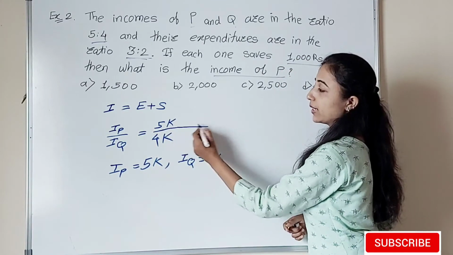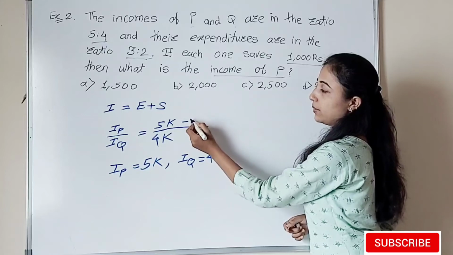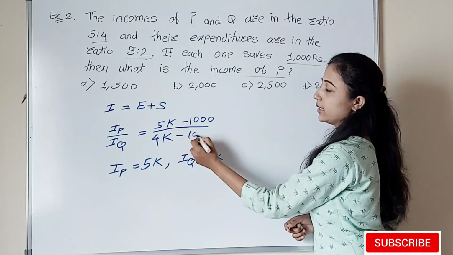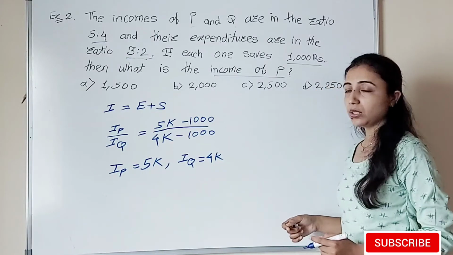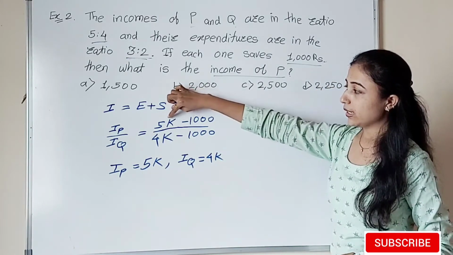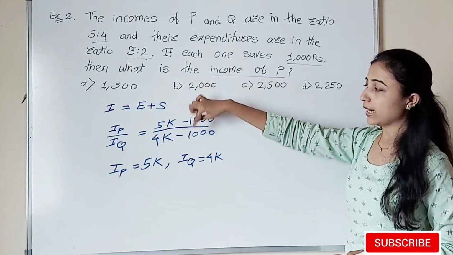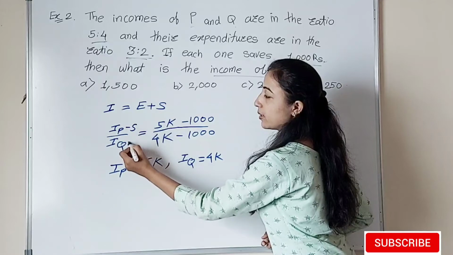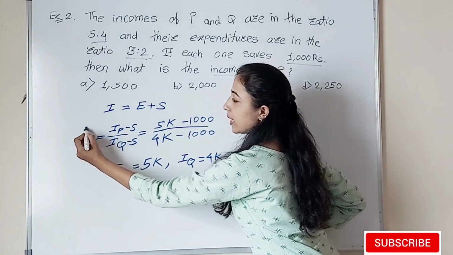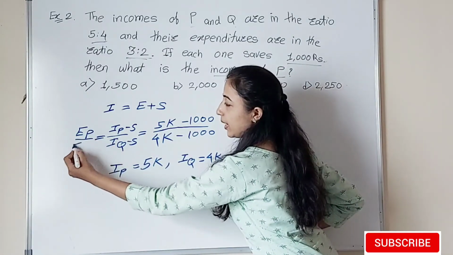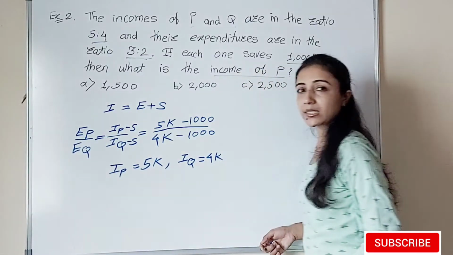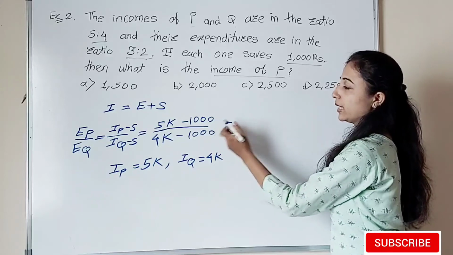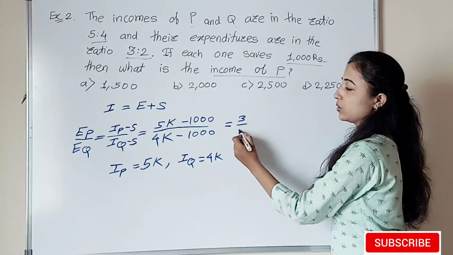So here income minus saving is the expenditure of P divided by the expenditure of Q, and the expenditures of P and Q are in the ratio 3:2. That means if we divide these terms, the ratio is 3:2.